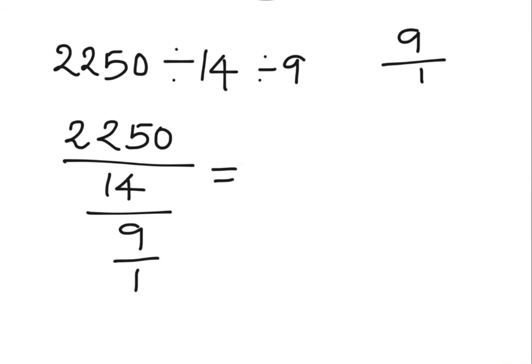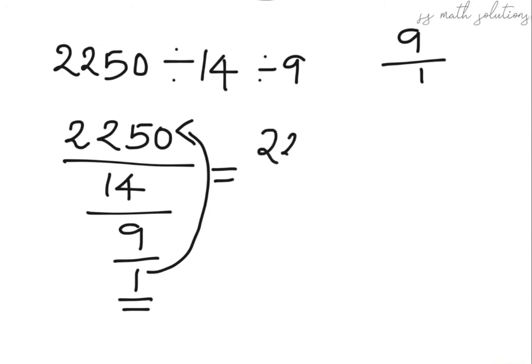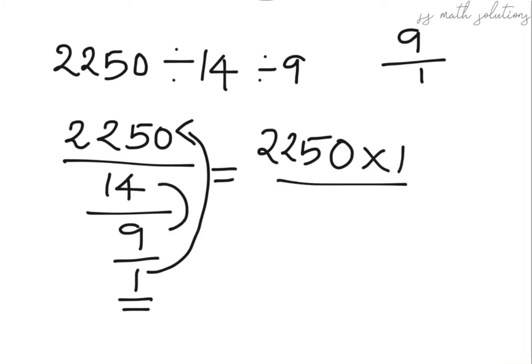So I can take the number in the upper part and the number in the lower part together. Remember like that. So 2250 into 1 will come, divided by 14 and 9 together. This is the way we arrange this. Don't forget to arrange like this.